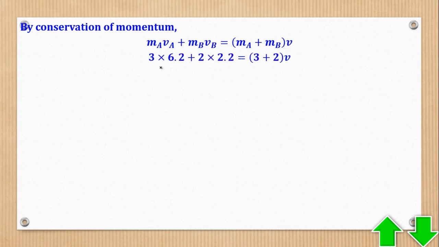Therefore, by conservation of momentum, mA vA plus mB vB is equal to (mA plus mB) v. So this was before collision, this was after collision. So I'll substitute and simplify to get v. And that's what they wanted.